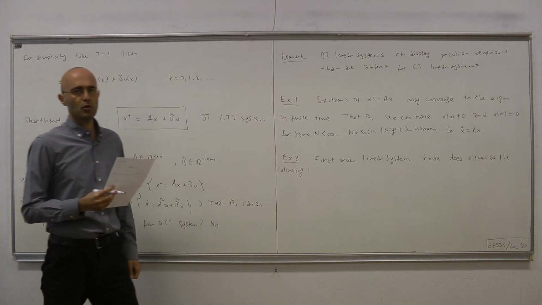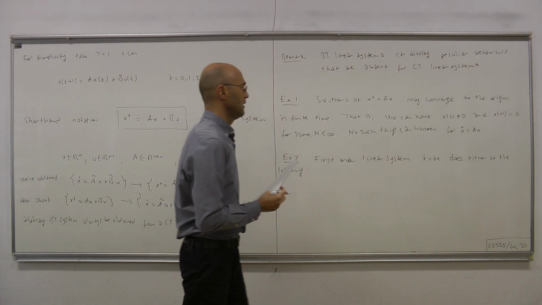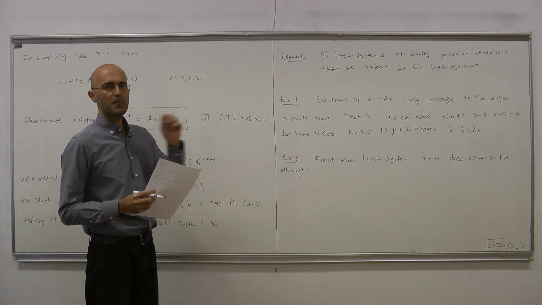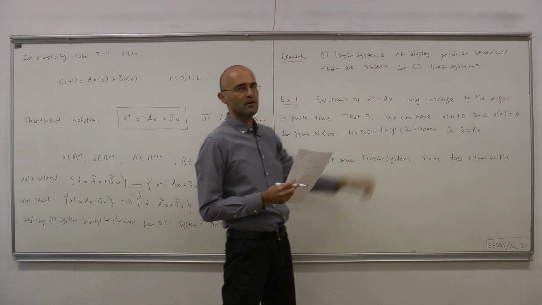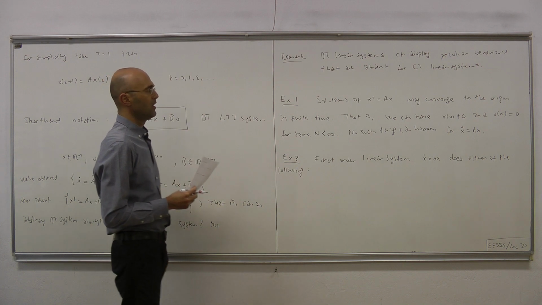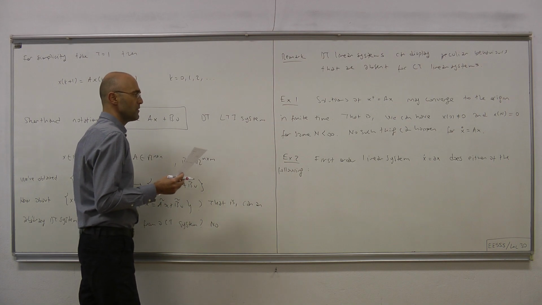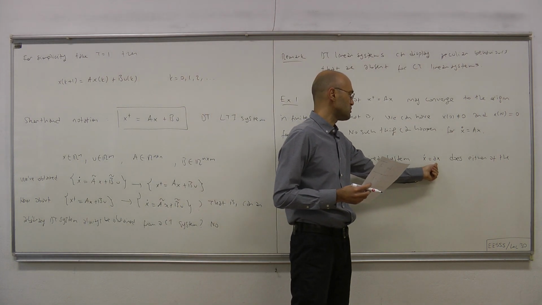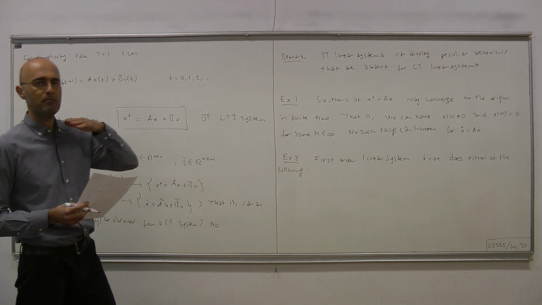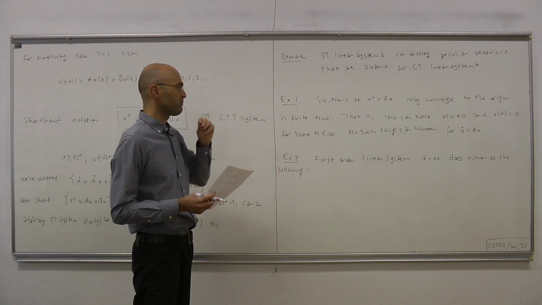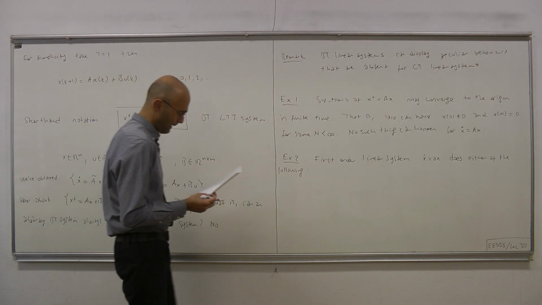Well, the solution is e to the At times the initial condition x at 0. And depending on the value of a, it either blows up, goes to infinity, or goes toward the origin and converges to 0, or in the middle case, when a equals 0, what we have is x dot equals 0, so every point is an equilibrium point, that is, you stay where you start for all times.